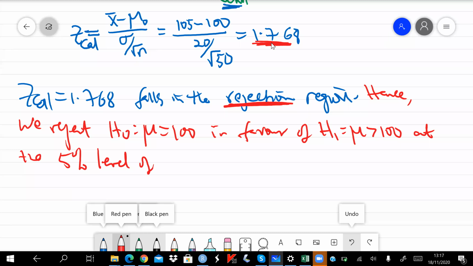You have to mention the level of significance, because possibly if you change the level of significance, the decision might change.